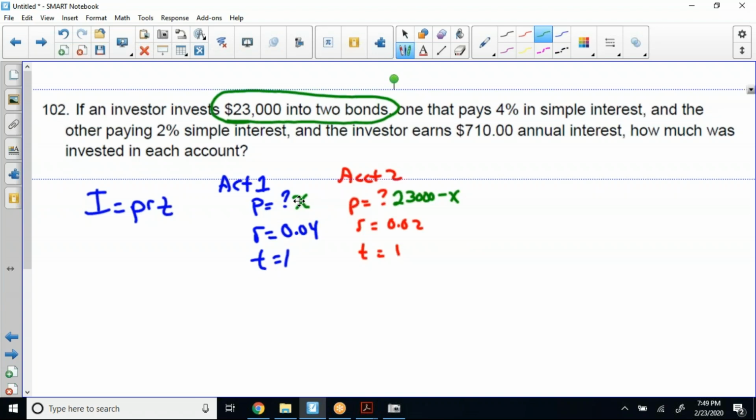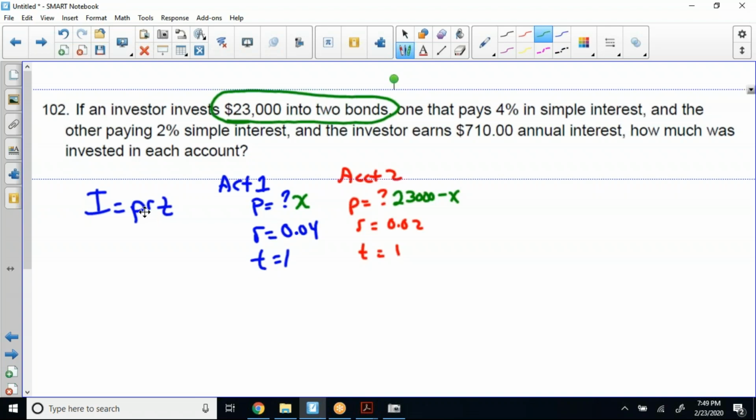If X came out to be 10,000, then 23,000 minus 10,000 is 13,000, right? That's the algebraic technique: you tell me how much you got, but I have to split it between two things. I'm going to say one is X, and the total minus X gives me the other amount.